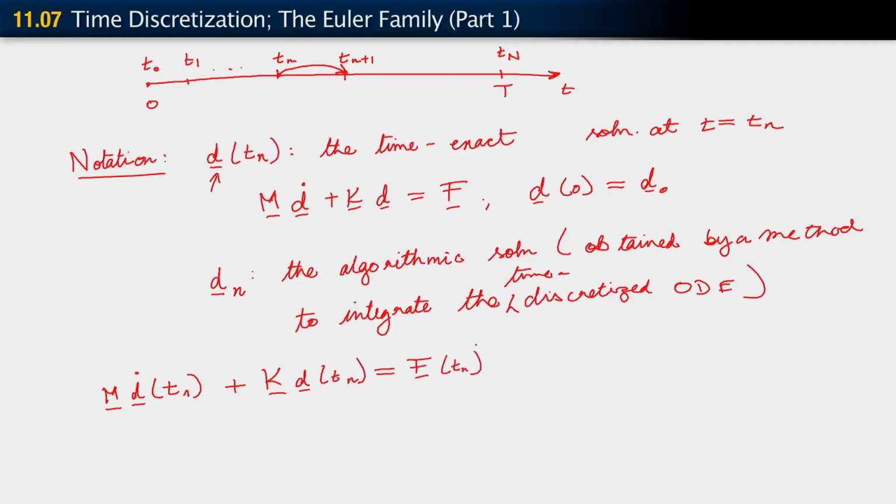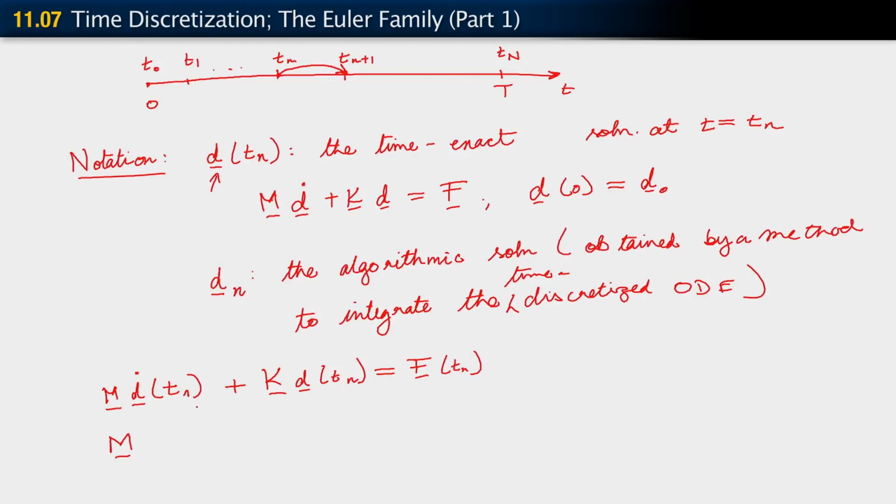Now, when we go to a time discretized version of this ODE, what we will write is the following, in the canonical form: M. Now, instead of d dot at tn, we will adopt the notation that, if d is our solution, we can think of d dot as sort of the velocity of the solution.